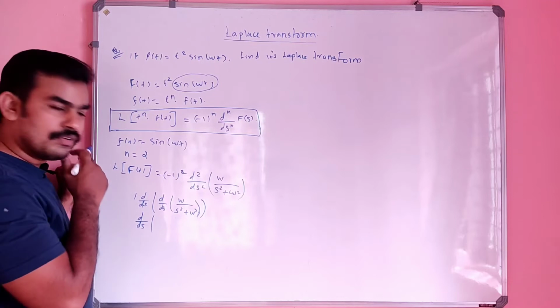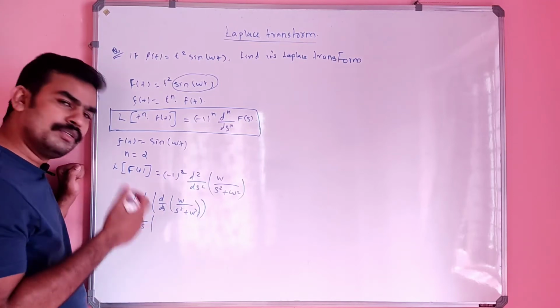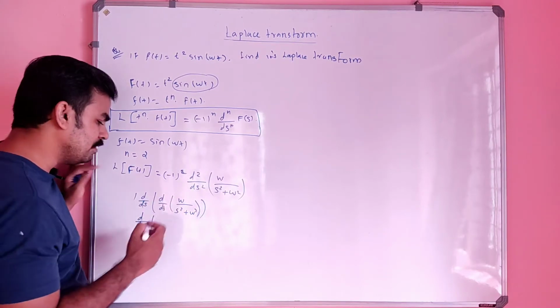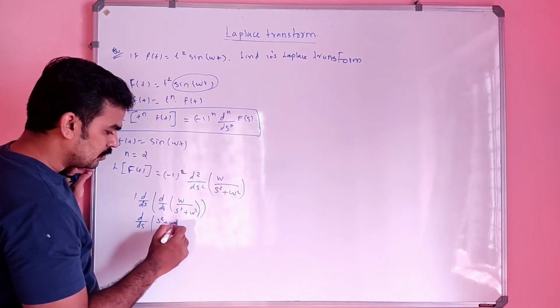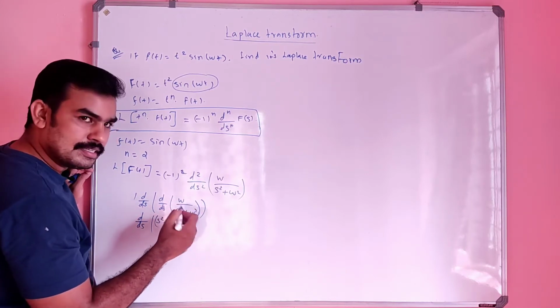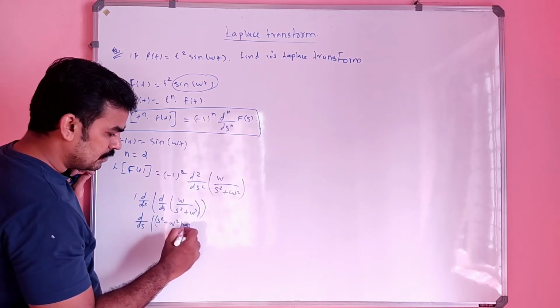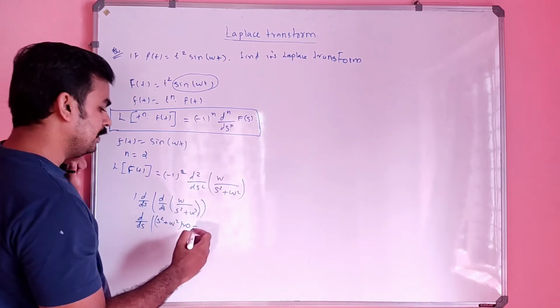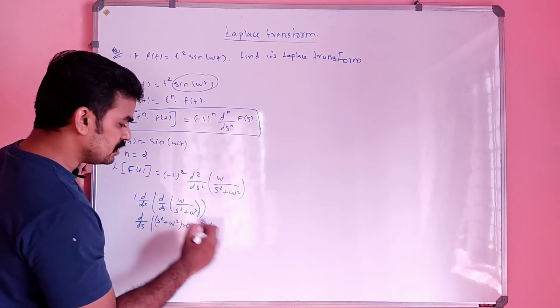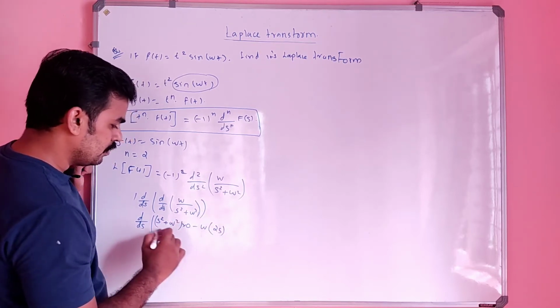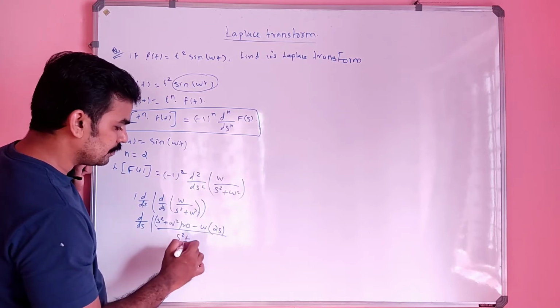You can directly go for the quotient rule. No need, you can solve in any manner; I will prefer that. So denominator into d by ds of numerator, that is 0, minus numerator into d by ds of denominator, which is 2s, whole divided by denominator square.